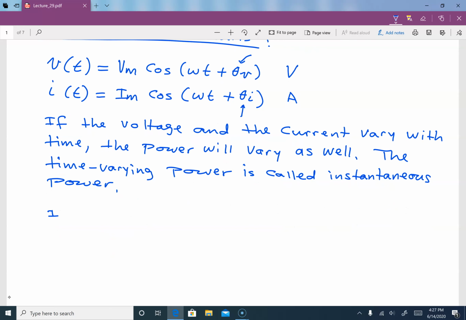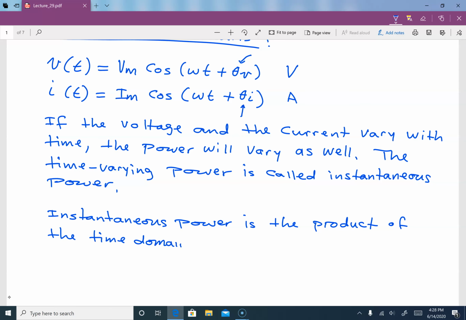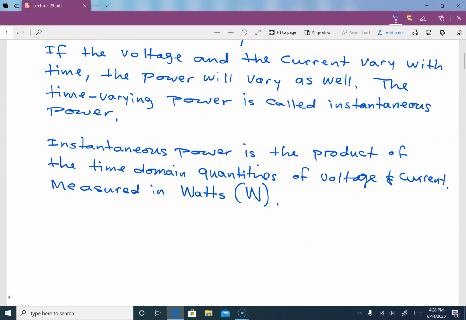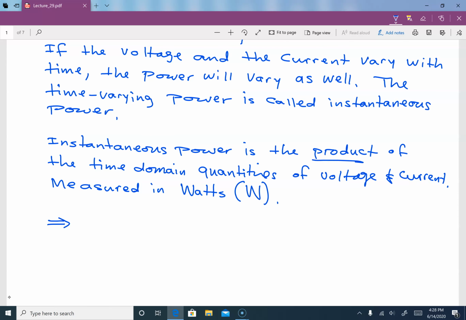Instantaneous power is the product of the time domain quantities of voltage and current, and that is measured in watts, which is simply W. Since it is the product, p of t is equal to v of t times i of t.